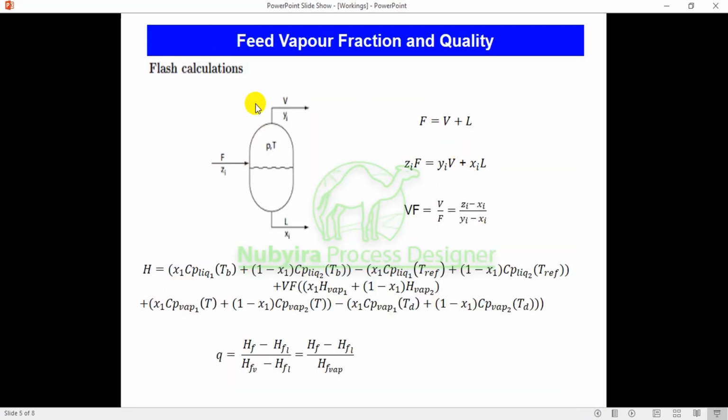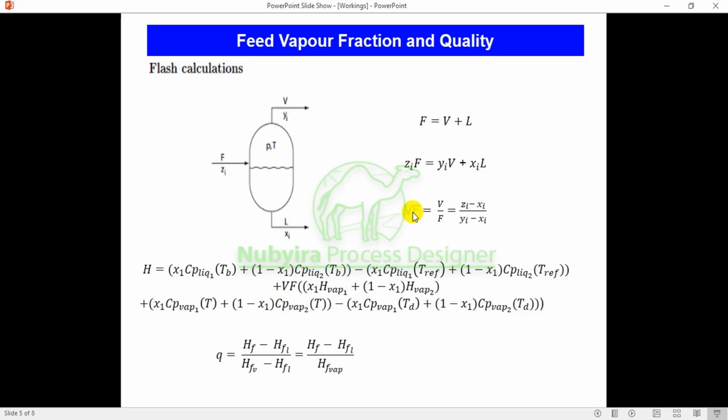Assuming we have a binary mixture in a closed system, then we have the feed F, with composition Z flowing into the system. So the overall material balance is F equals V plus L. Then for the lighter component, Z_i F is going to be equal to y_i V plus x_i L.